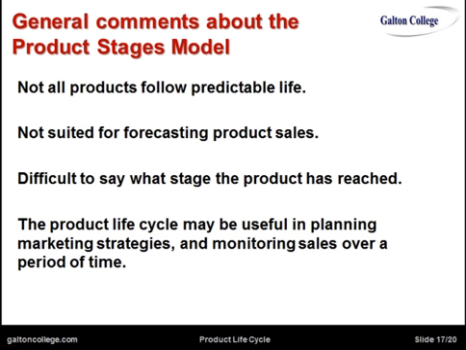It is just a model showing four stages, four phases of development: introduction, growth, maturity, and decline. It's not used for forecasting, and it shouldn't be used for forecasting. It would be quite dangerous if it was.